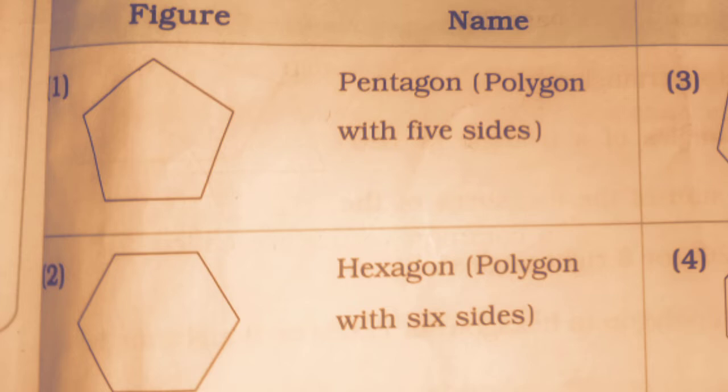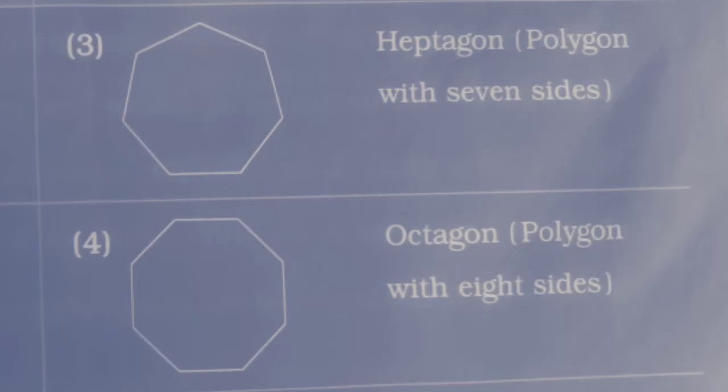A 6-sided figure is known as a hexagon. A figure with 7 sides is known as a heptagon. A figure with 8 sides is known as an octagon. So, note down the answers. Children, draw the diagram properly with their sides and see their names. Let us start the next practice set.